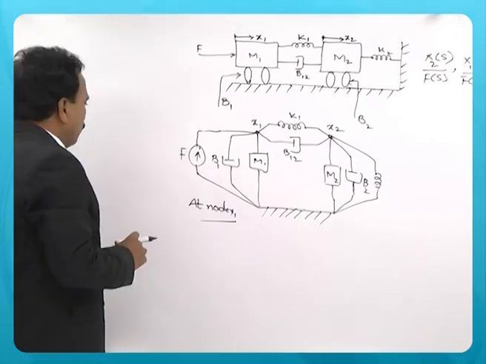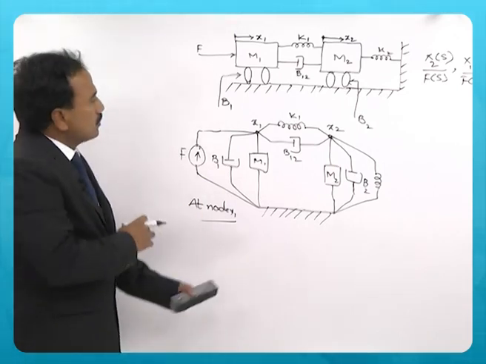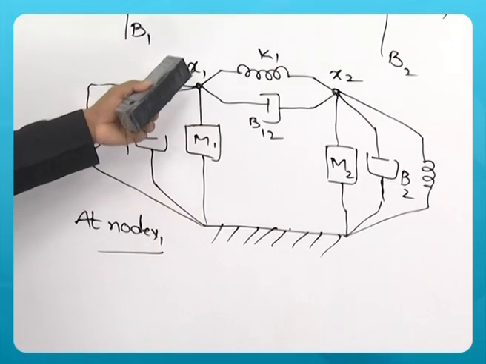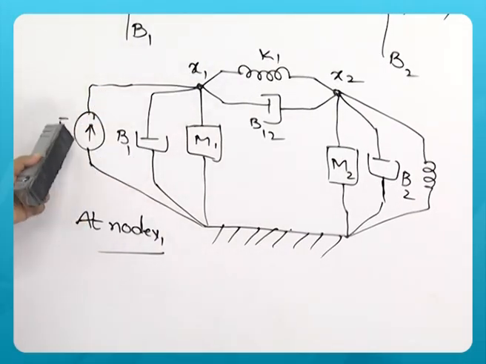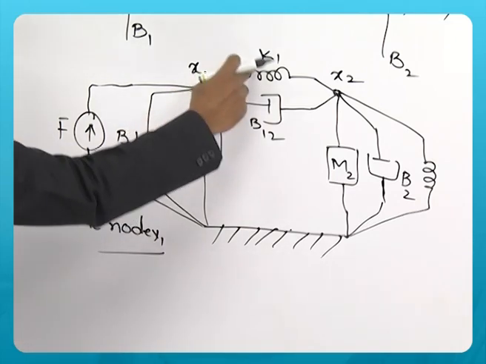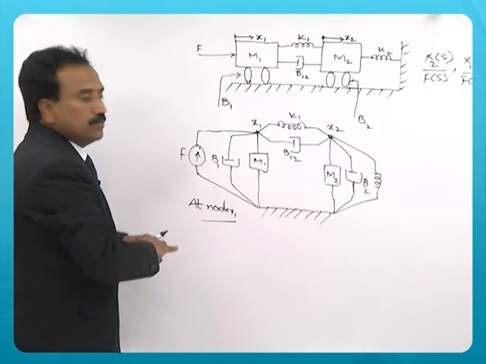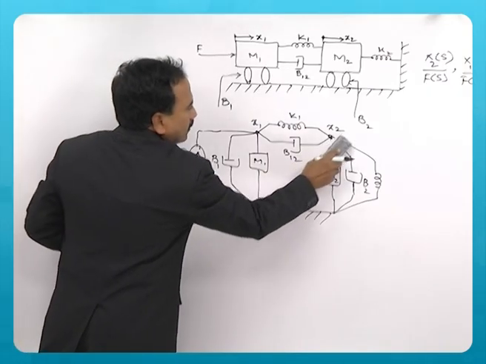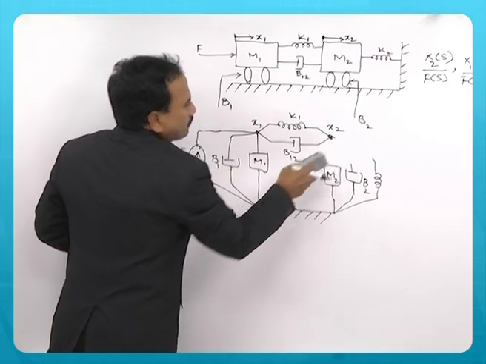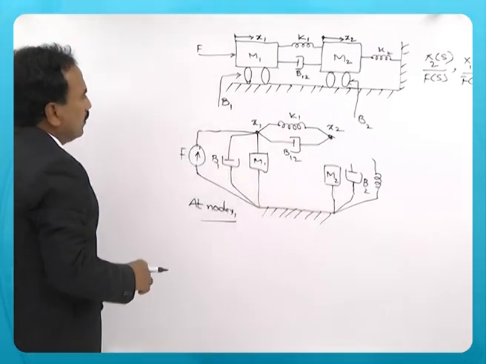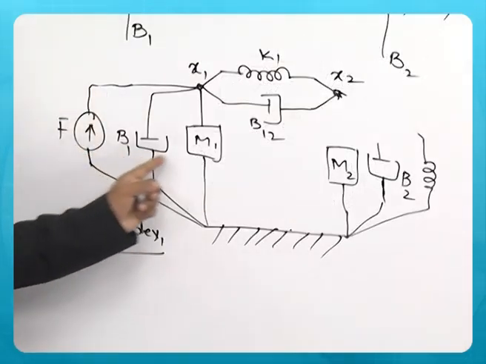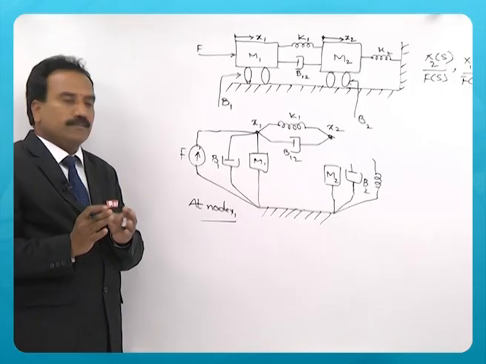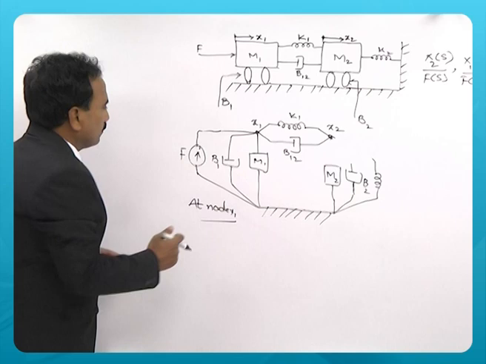For convenience, all the elements connected to x1: 1, 2, 3, 4, 5. The rest of the circuit I disconnect. Now, you can see that 5 terms should appear in equation 1.